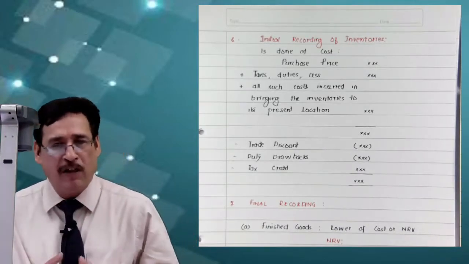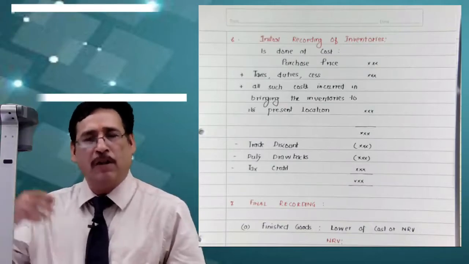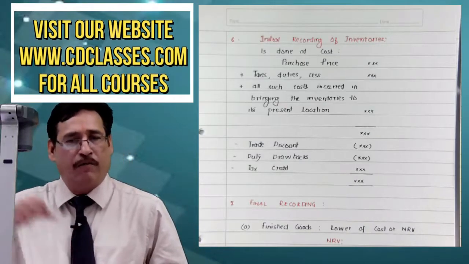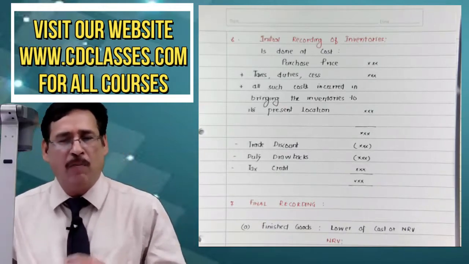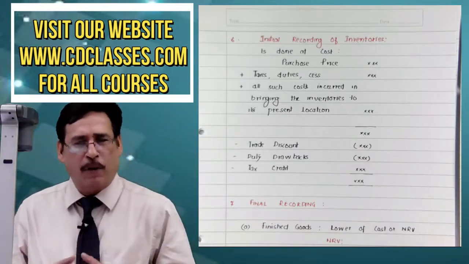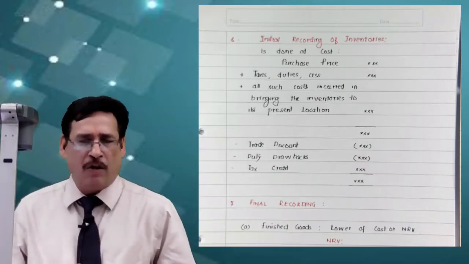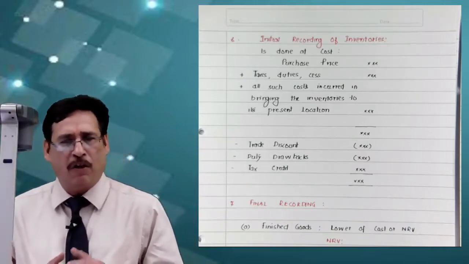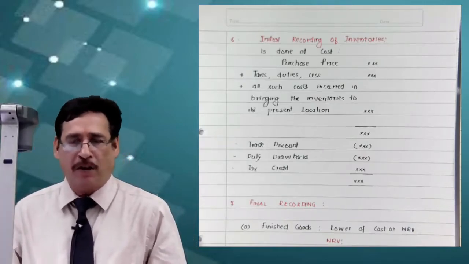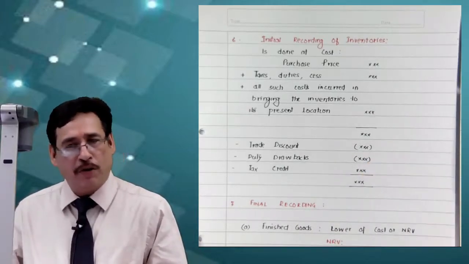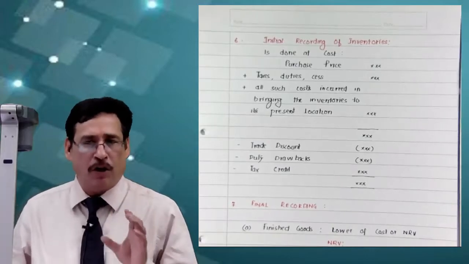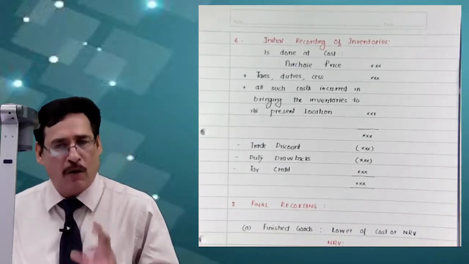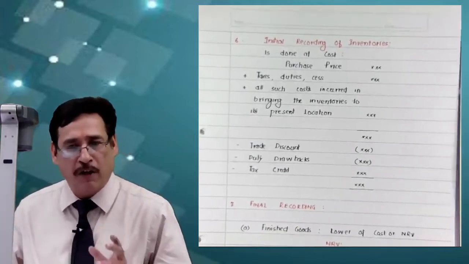Similarly, if we have received any duty drawbacks, suppose I have imported the goods and the government has withdrawn the duty, it is a benefit for me, my cost will get reduced. Similarly, nowadays GST is prevalent and we get tax credit also. So if we have earned any tax credit or refunds, such things will be subtracted. That is how you are going to determine the cost. Correct? That is what we call initial recording. Initial recording of the inventory is always done at cost without an iota of doubt.